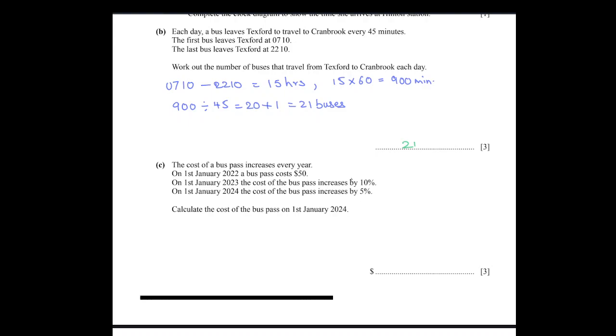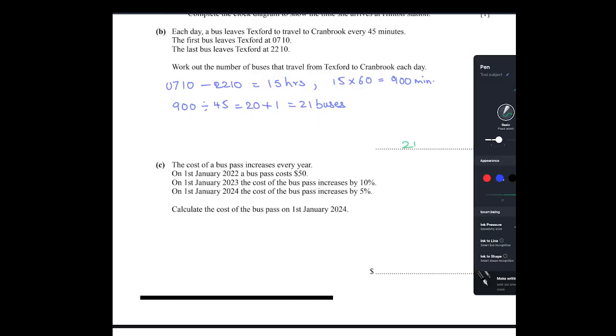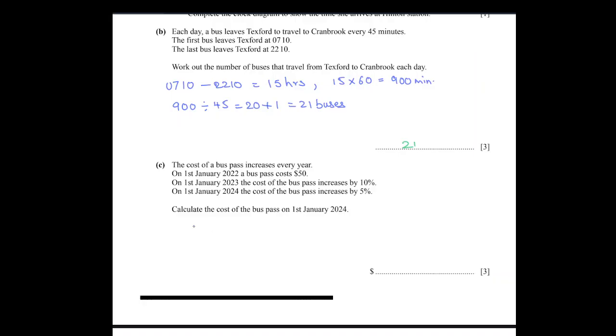So here the bus pass cost in 2024 will be 50 into 1 plus 10 by 100 into 1 plus 5 by 100.